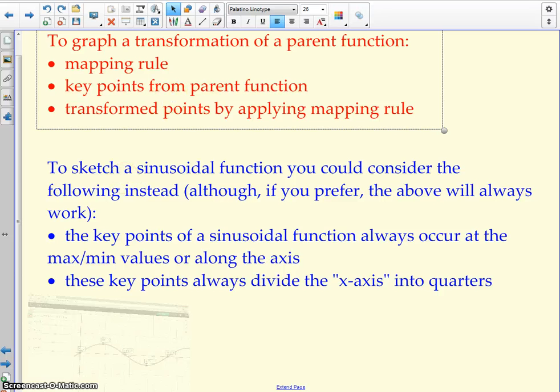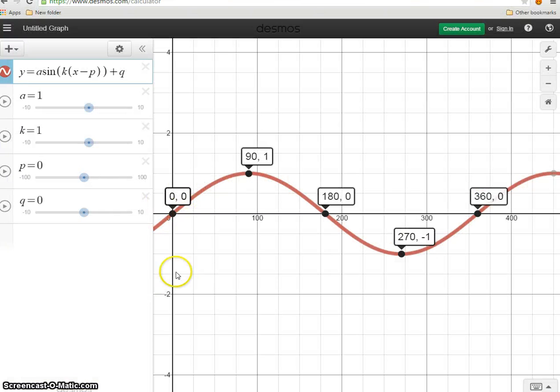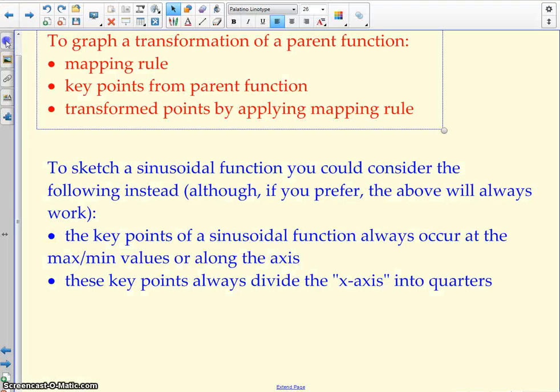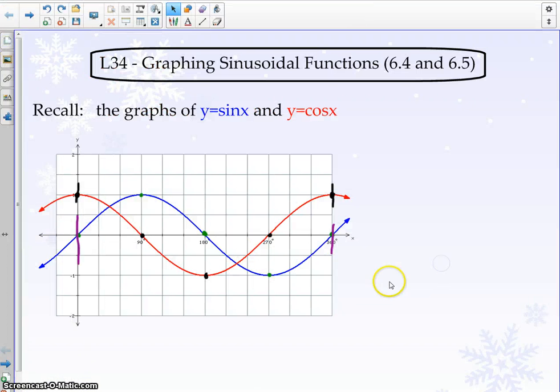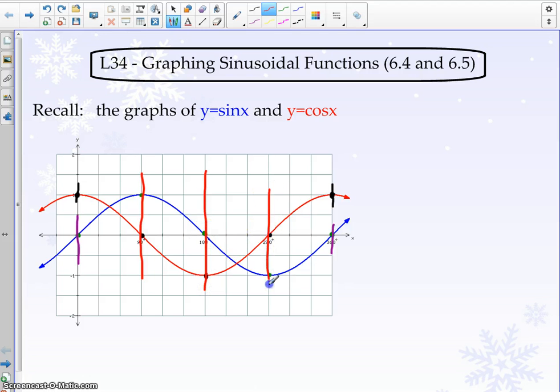Okay, so what we're going to do is take these key points. You might notice, if we split our graph into 4 quarters, and this might be easier to see from our first graph here, let's just look at the blue one, y equals sine x. If we split our graph into quarters, going from the axis up to the maximum, the maximum down to the axis, down to the minimum, and minimum up to the axis, we now have our cycle broken up into 4 sections. 1, 2, 3, 4.